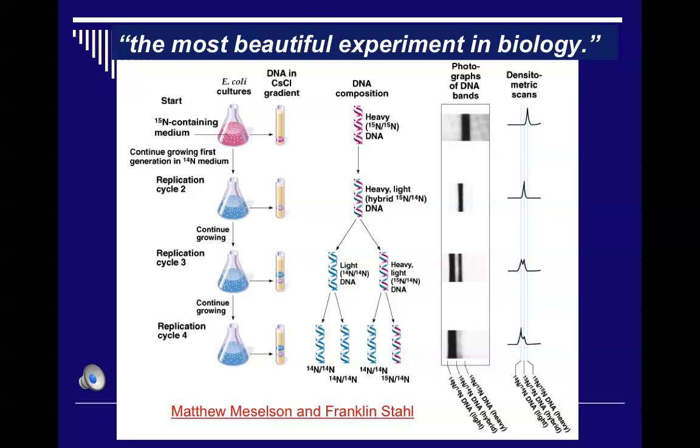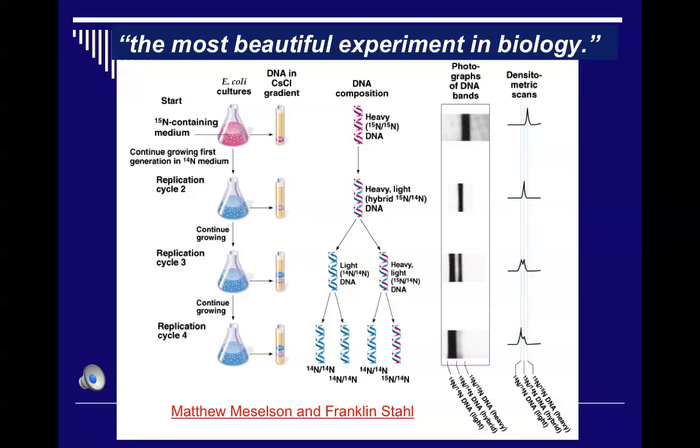So we feed the E. coli some N15 containing food, for a little while. We stop the growth, extract the DNA, and then visualize where that DNA is. We can essentially separate the DNA in an agarose gel, and then we can color it or stain it.